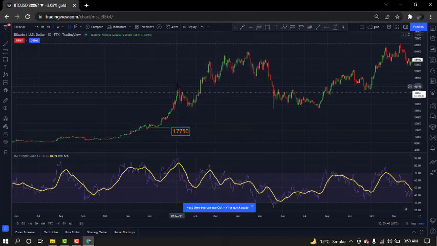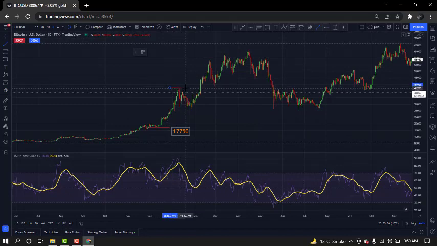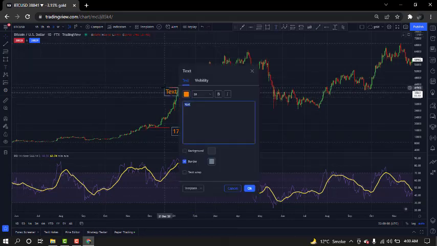Then the market goes up and it touches this level. What is it? It's 38,850.